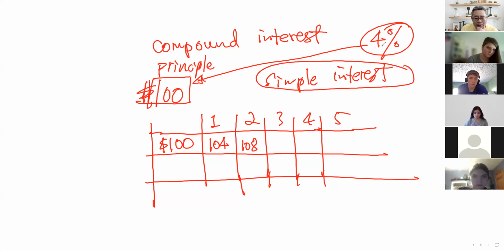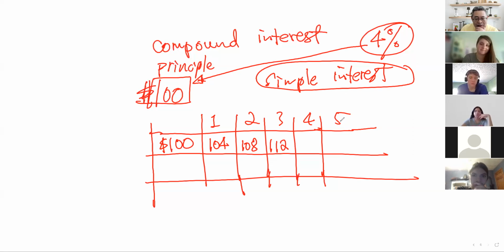Simple interest is interest on your principal, not on your interest. On the third year, 112, right? So what is this growth?